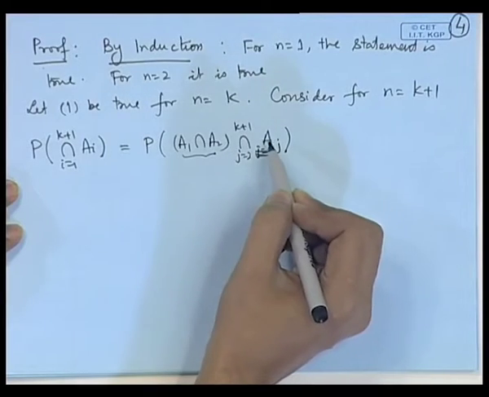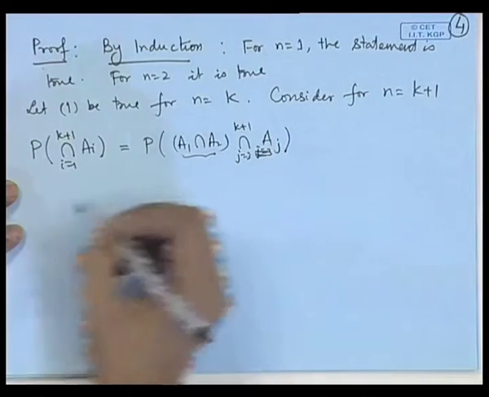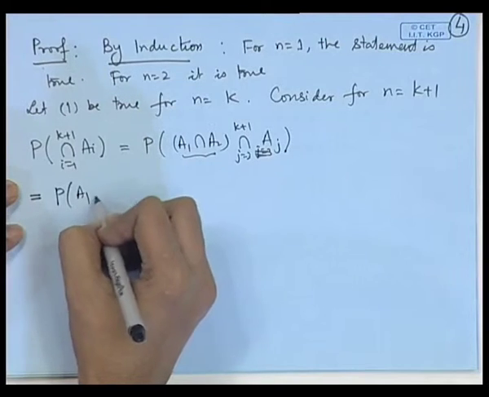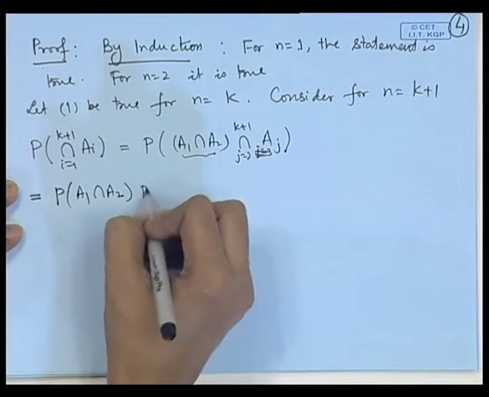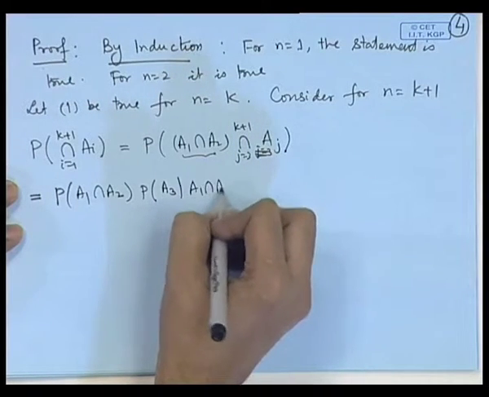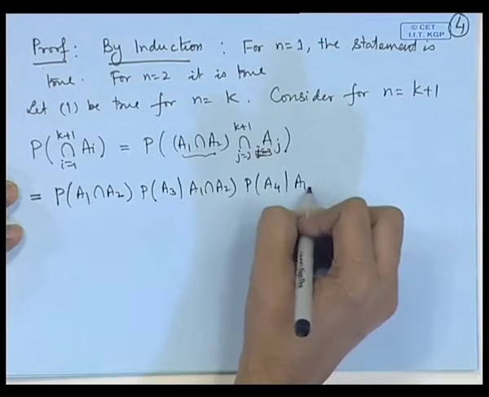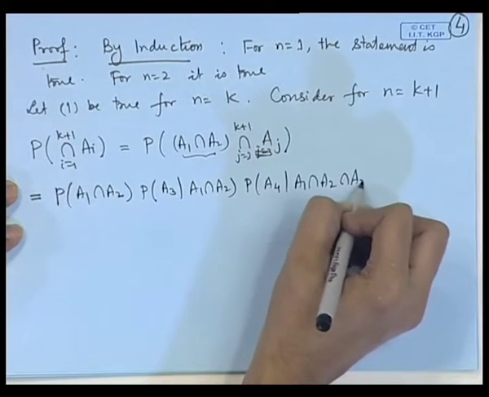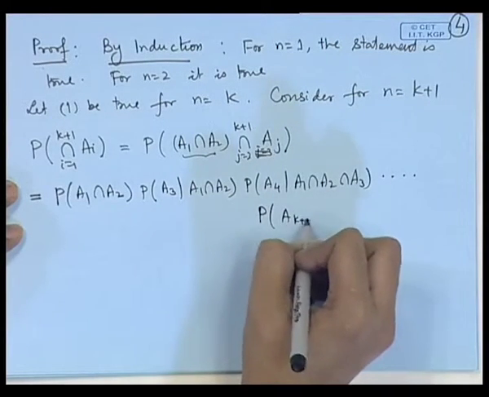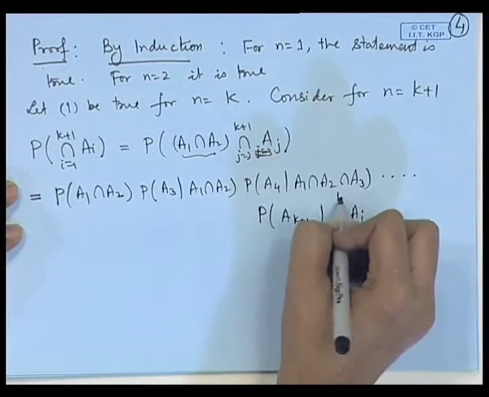So, this is total k sets, and we have made the assumption that the statement is true for k. Therefore, we can write it as probability of A 1 intersection A 2 into probability of A 3 given A 1 intersection A 2 into probability of A 4 given A 1 intersection A 2 intersection A 3, and so on up to probability of A k plus 1 given the intersection of A j, j equal to 1 to k.